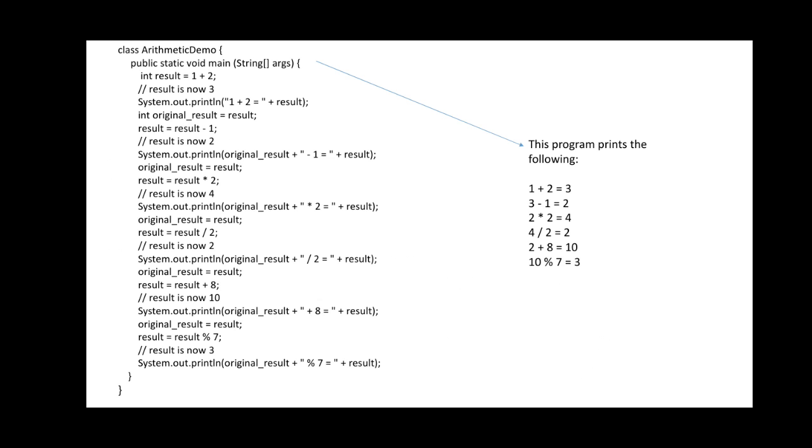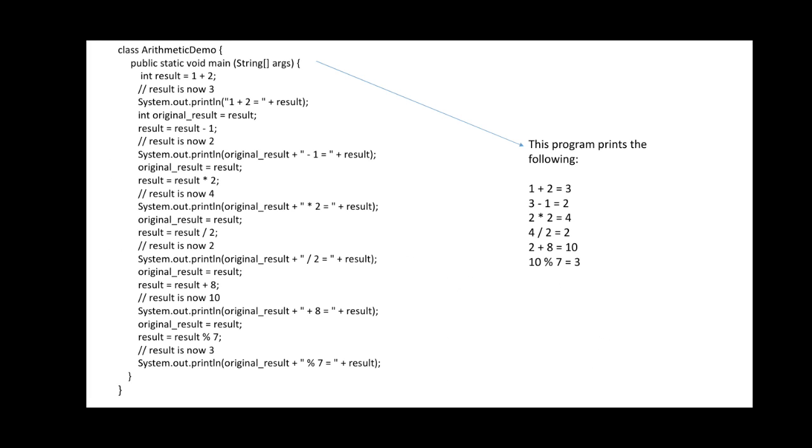A simple example of your arithmetic operation. Here you have an arithmetic operation wherein int result is equals to 1 plus 2. The variable is directly assigned the addition operation, so 1 will be added with 2, and the result will be stored within result.